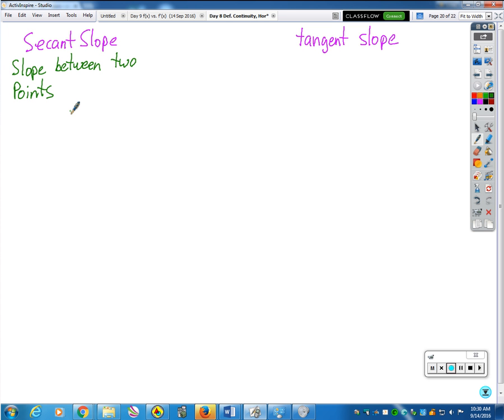In fact, until December, basically the end of semester 1, the end of term 2, this is our focus, studying the tangent slope. And then we throw this in once in a while just to make sure we don't forget what secant slope means. Secant slope, slope between 2 points. Tangent slope, slope at a point.